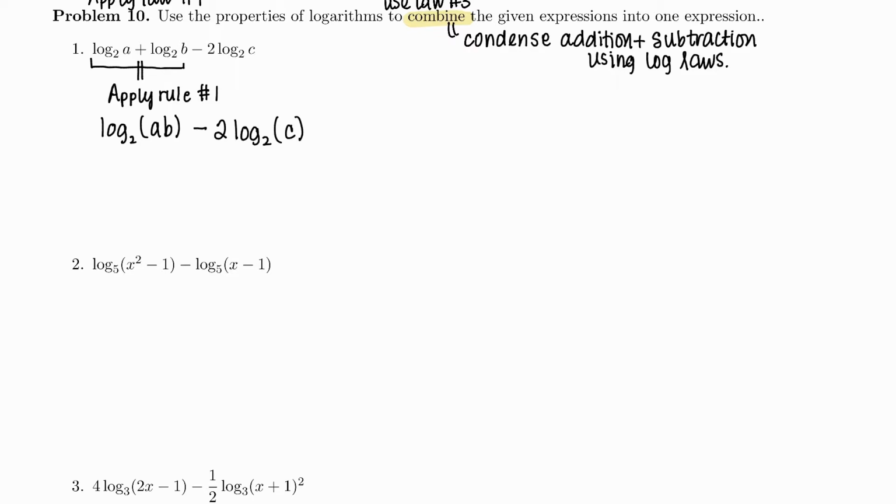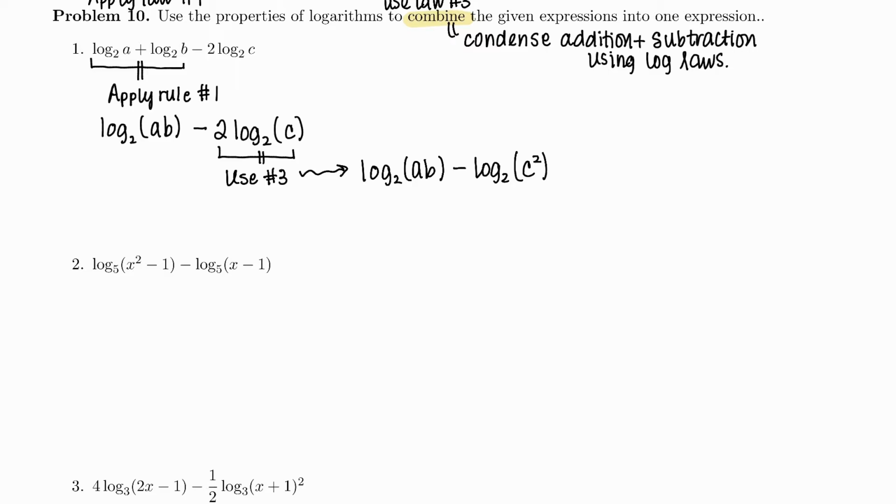And now I'm going to apply rule 3 to 2 times log base 2 of c. And when I do that, I am left with log base 2 of a times b minus log base 2 of c squared.